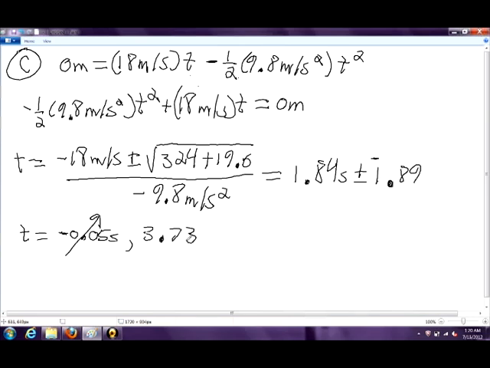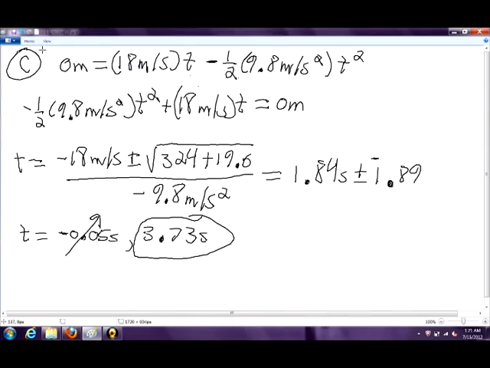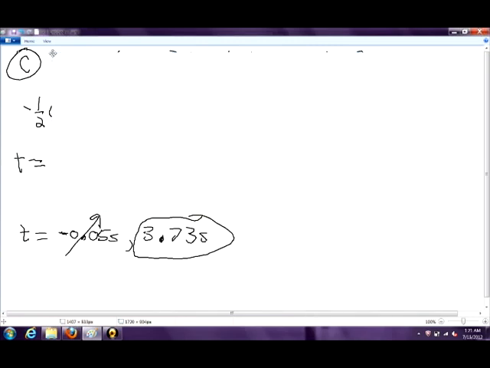Okay, so these are the two times, but the negative refers to a time before the ball was hit. So that doesn't make sense in the context of this problem, so we're just going to use 3.73 seconds. So now we're going to plug in 3.73 seconds.